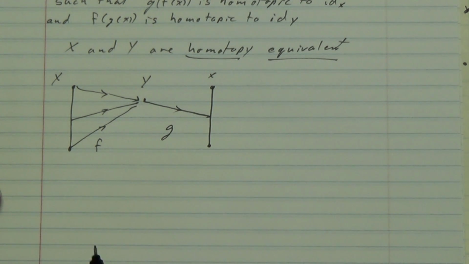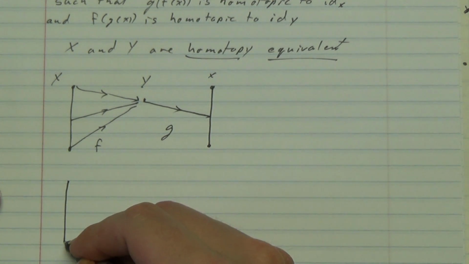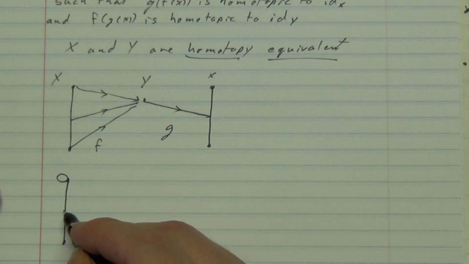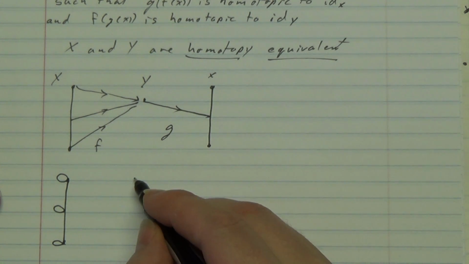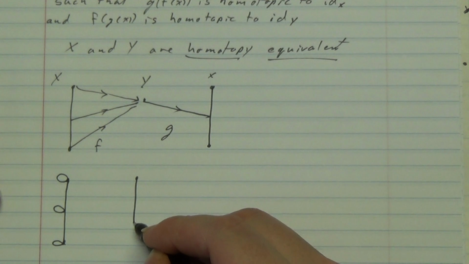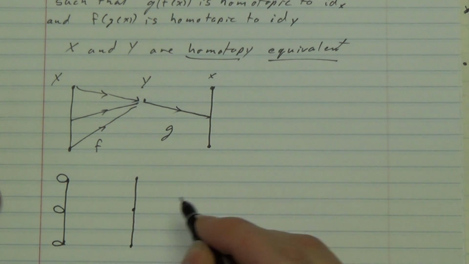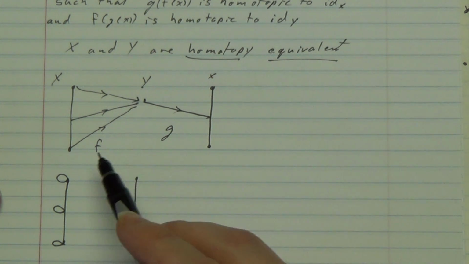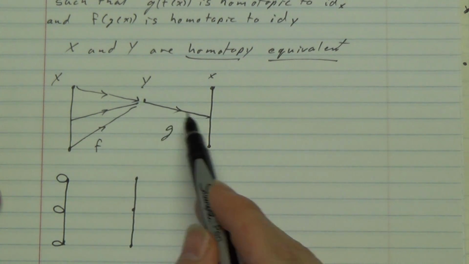So now let's take a look at the maps on X. Here's the identity map. Everything gets mapped to itself, little loops on every point. And this is the map from X to X, G of F. Well, F takes this middle point to the point Y and then back to the middle point.